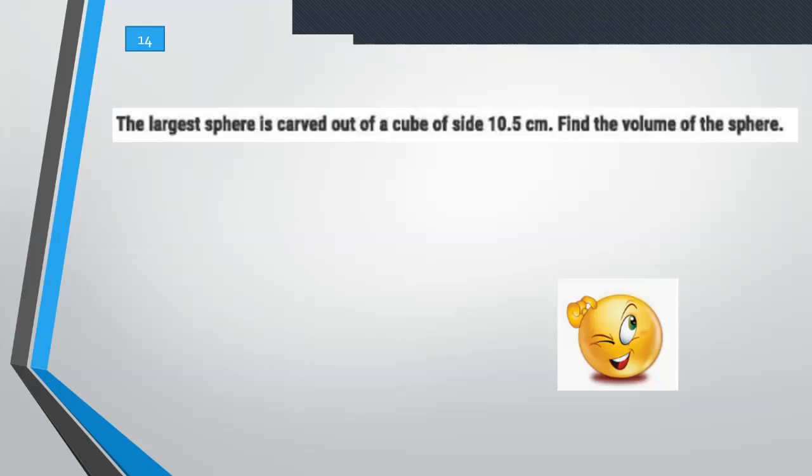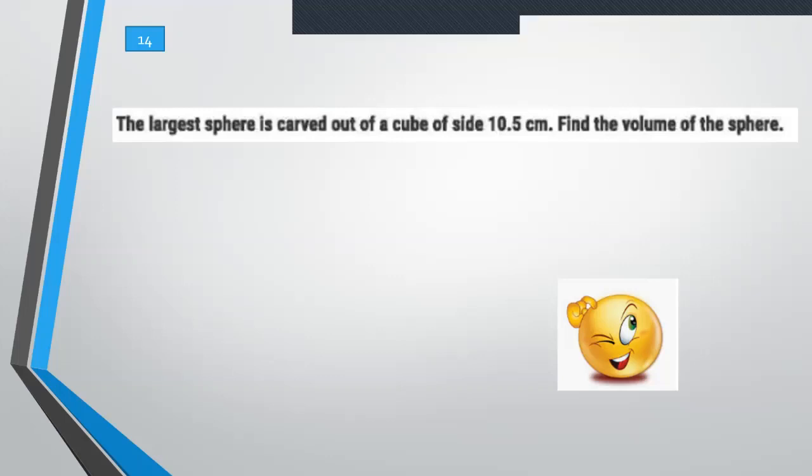Chalo. Try to understand this sum. The largest sphere that can be carved out of a cube of side 10.5 centimeter. Find the volume of that sphere. So basically, if I'm drawing, this is your cube.